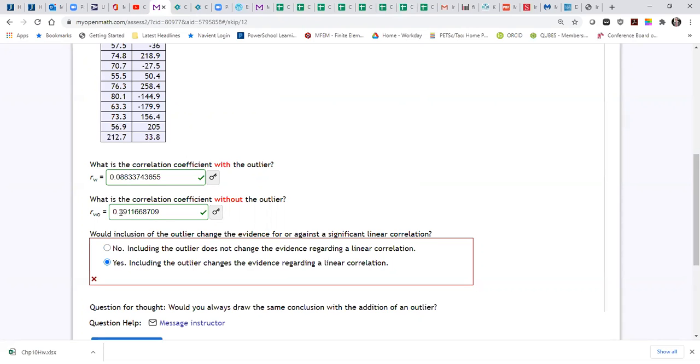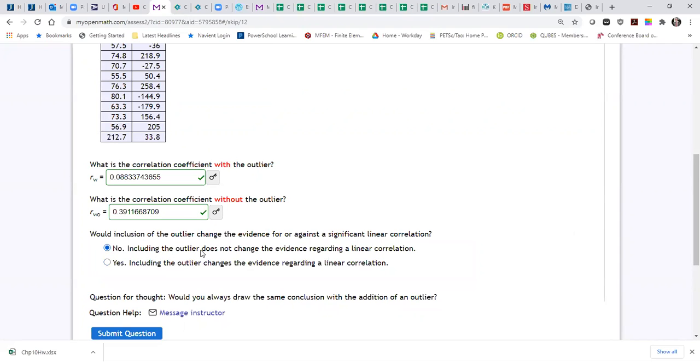Also this one is a weak correlation, because it's 0.3, right? It's really close to 0. This is close to 0. This is close to 0. So no, including the outlier does not change the evidence regarding the linear correlation. You know, both are still close to 0, right?